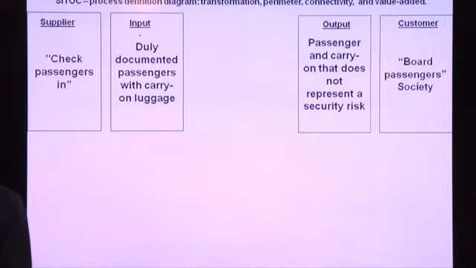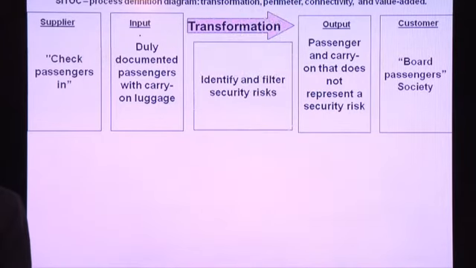What is the transformation? Well, what's required to transform passengers with unknown risk into safe passengers and carry-on? Identify and filter security risk. A process is always described by 1 or 2 verbs and an object.